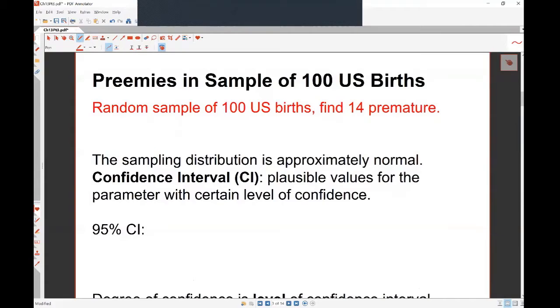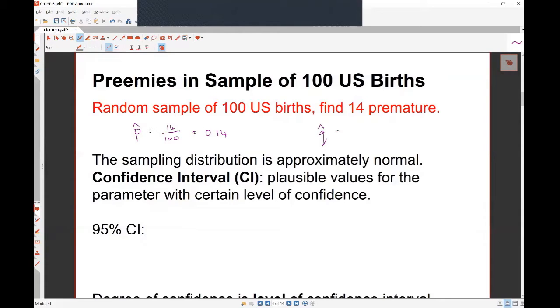We observe information for 100 different births, and we find that 14 of those were premature. Based on this information, our sample proportion is 14 of the 100, so 0.14. Of course, we could also express that as 14%.